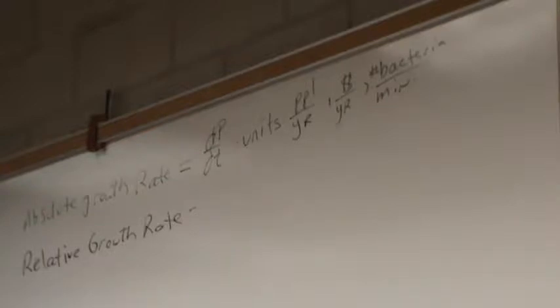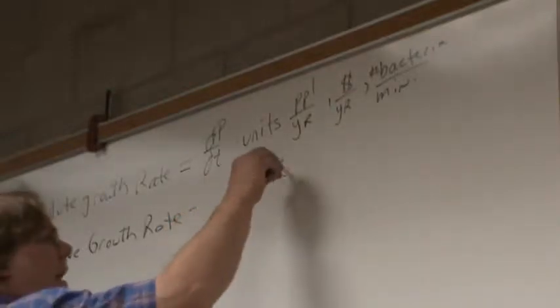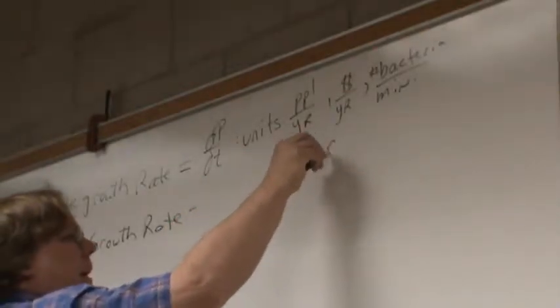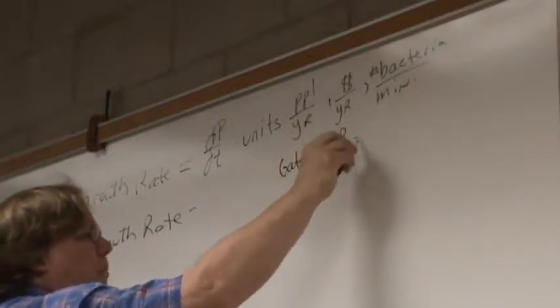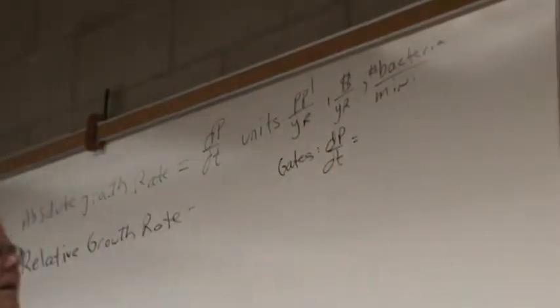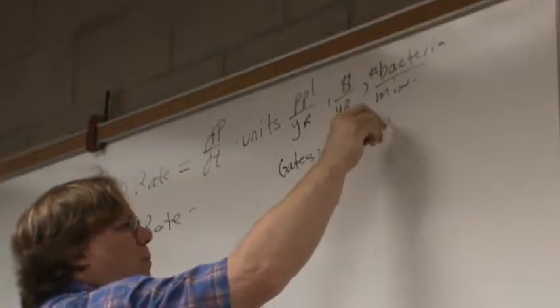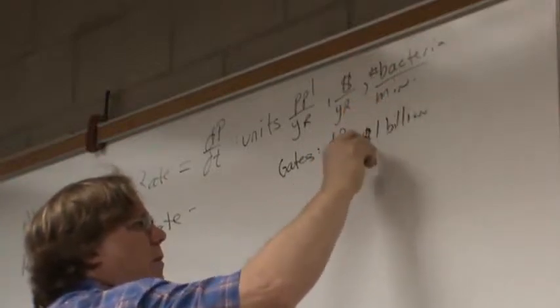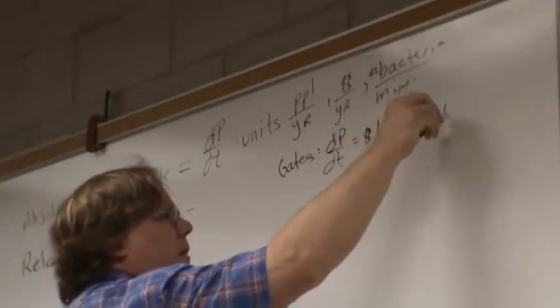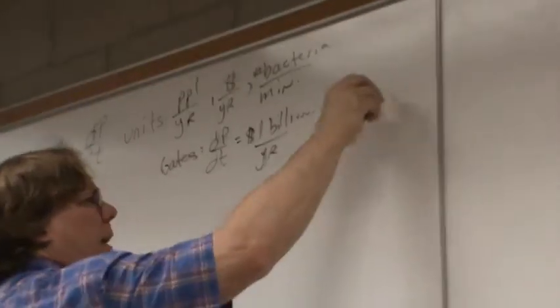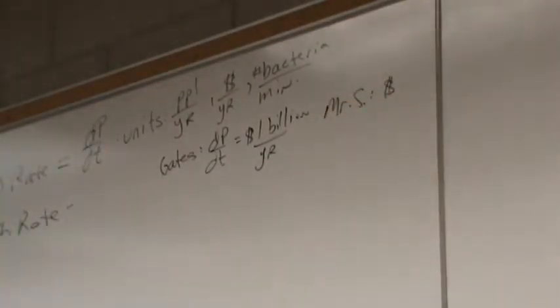Bill Gates. Sure, what was Bill Gates' absolute growth rate here? $1 billion per year, right? If my P is going to be money, his absolute growth rate was $1 billion a year, right? Whereas Mr. Shana's absolute growth rate was what?